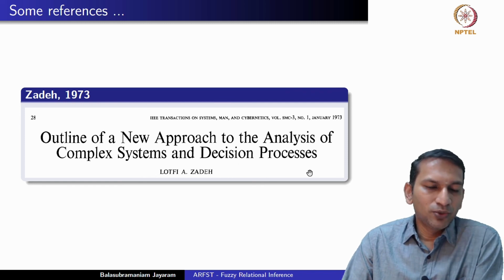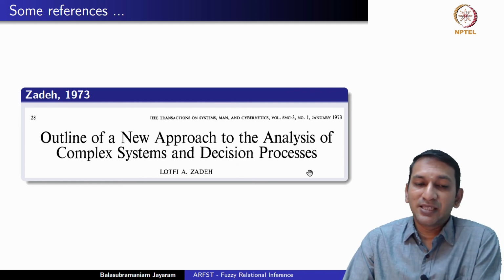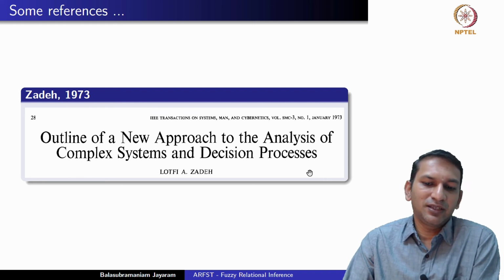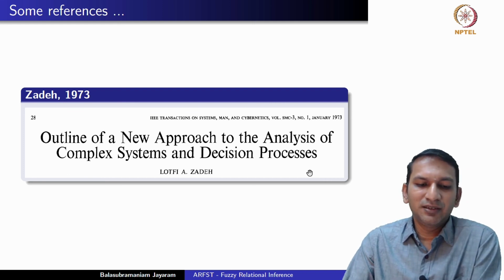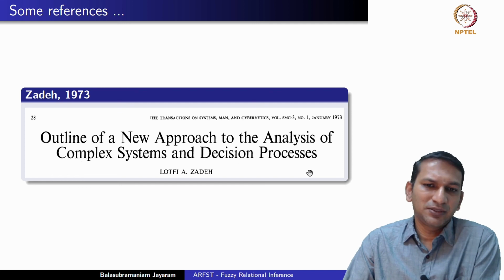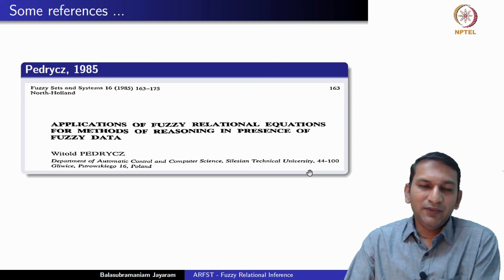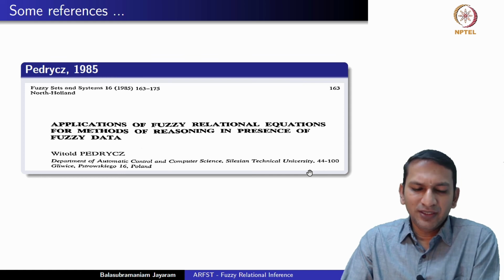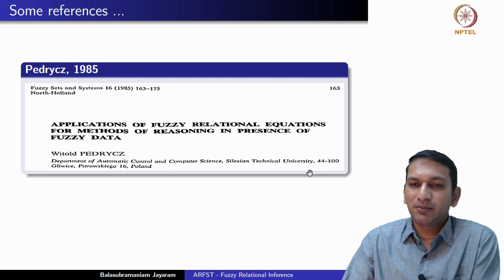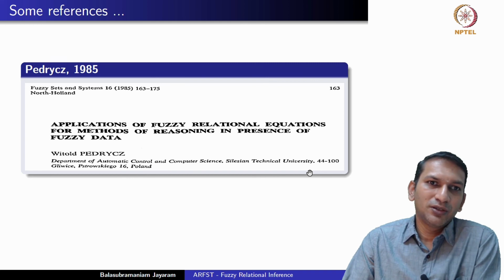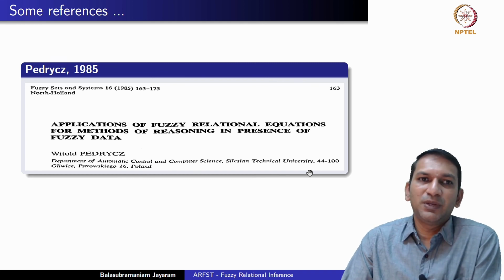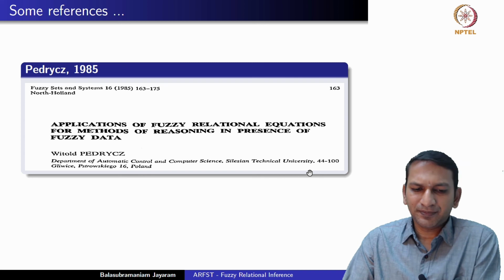This compositional rule of inference was introduced by Zadeh himself way back in 1973 in one of his earlier papers, titled Outline of a New Approach to the Analysis of Complex Systems and Decision Processes. So you will see that this was offered as a solution while trying to analyze complex systems. Even though we call it the BKS inference, it was in fact proposed by Pedrycz almost a decade after CRI has been in existence.